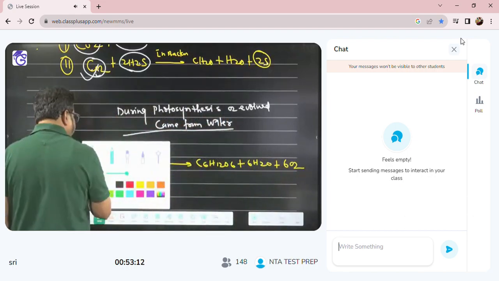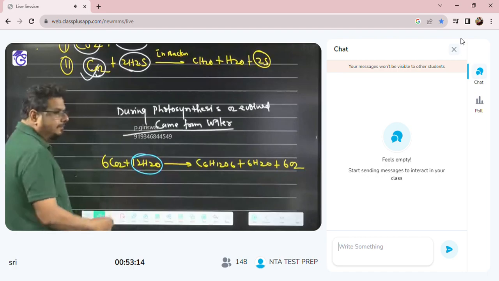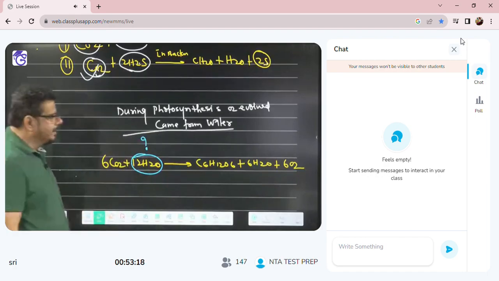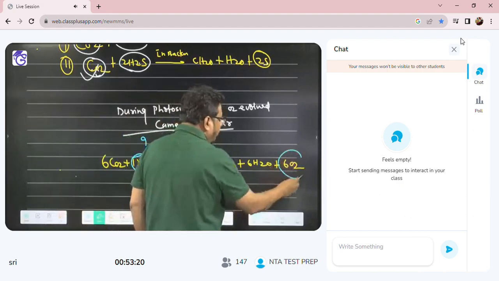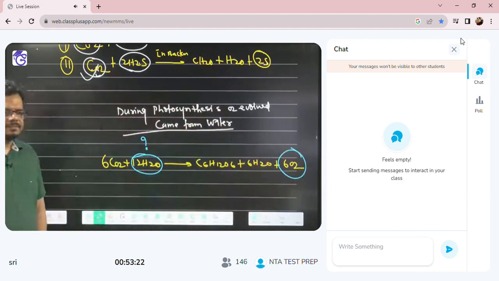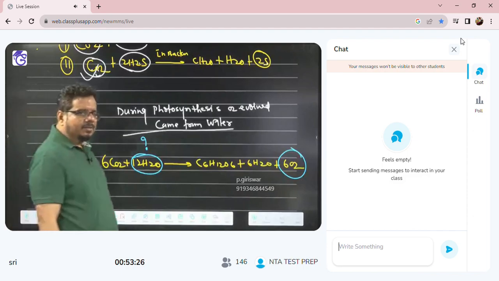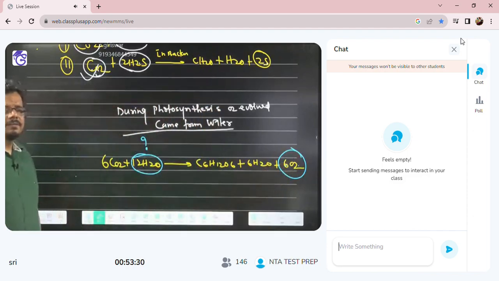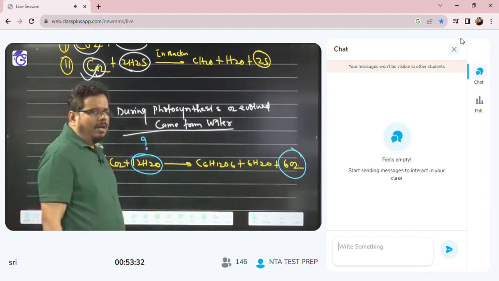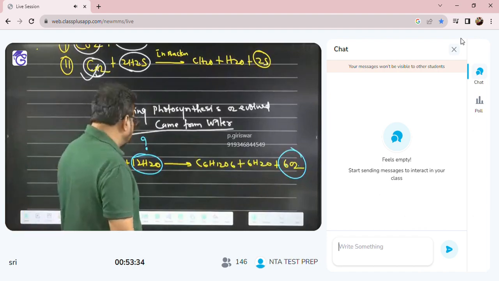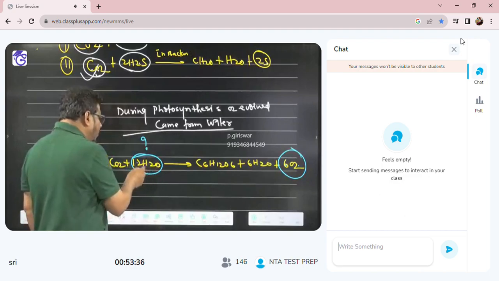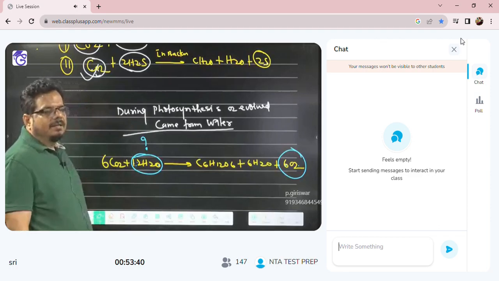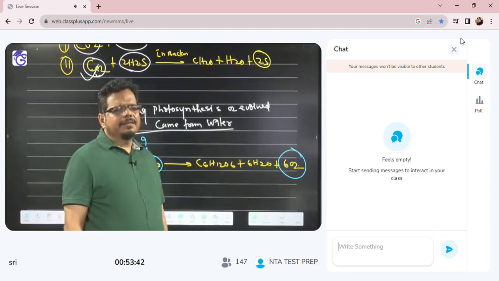Why we are taking 12H2O? There is a reason. How many oxygen is evolving? 6 oxygen. And for 6 oxygen, how many O required? 12 required, and here in 12H2O, how many oxygen is there? 12 oxygen is there. Got the idea? Understand? Is it clear?